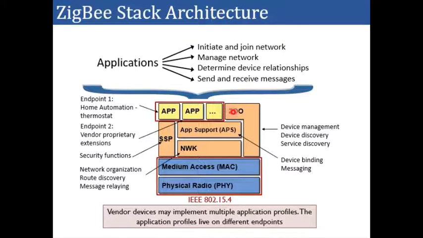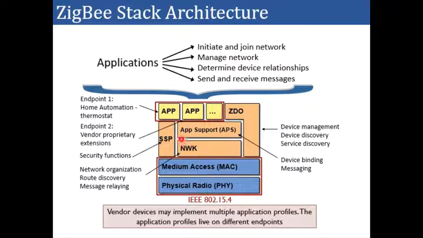Now on top of that, you can develop your own custom built application, or there are certain applications which are provided as part of the Zigbee stack, such as a home automation solution like thermostat control, or such kind of simple solutions are being provided along with the Zigbee stack.